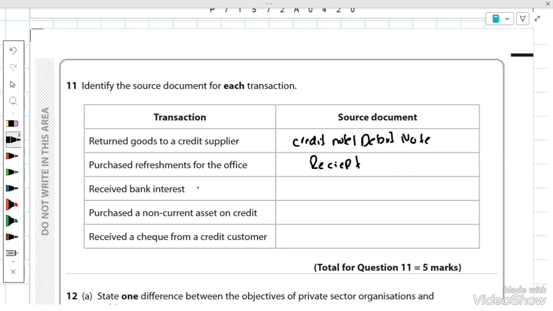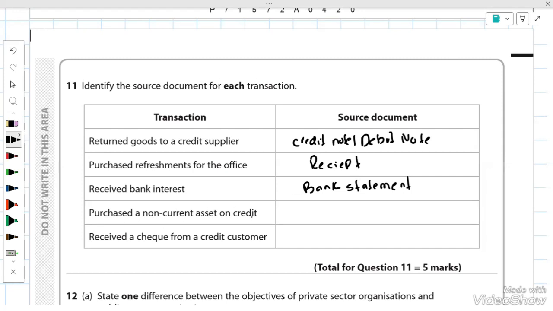So all these types of bank transactions are recorded in our bank statement. So of course, if we are receiving any bank interest, it will be recorded on the bank statement. So the bank statement is the type of document in which we will see our whole month's record.